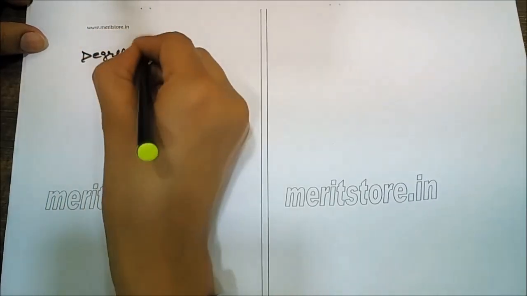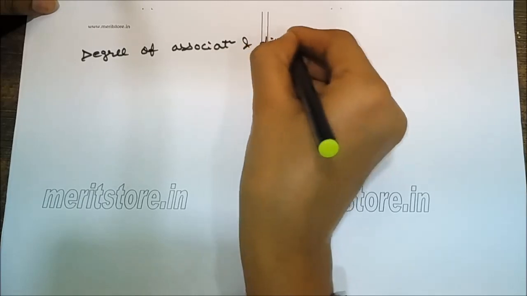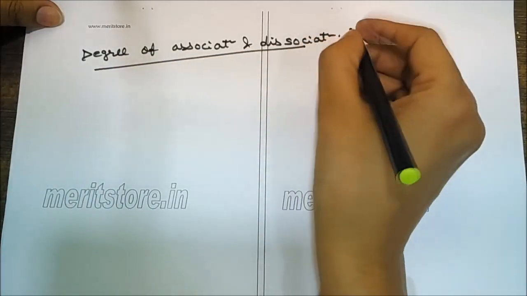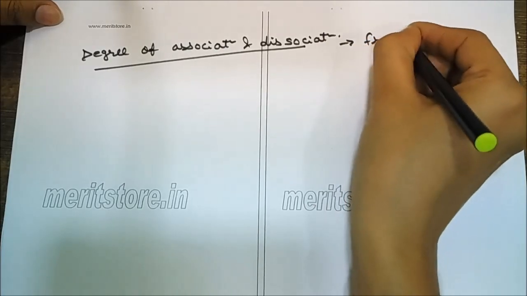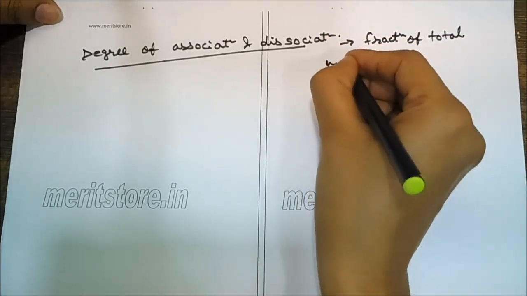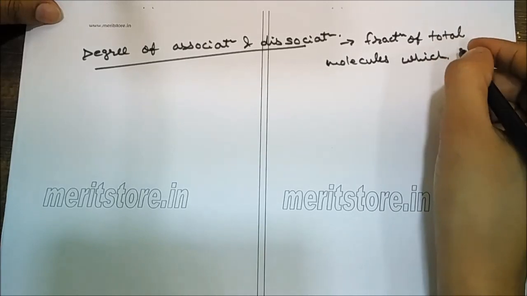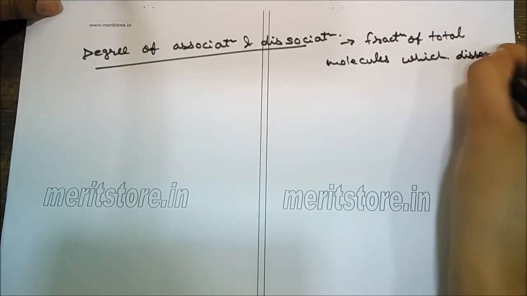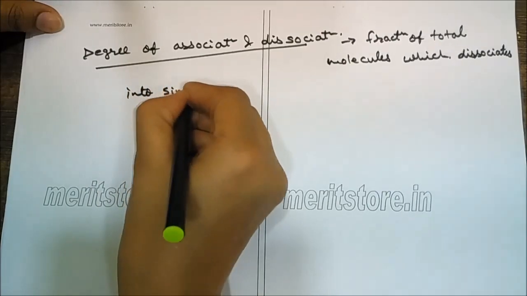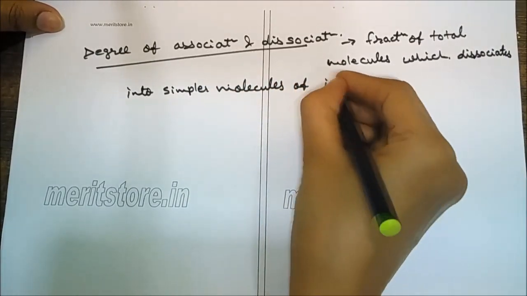Degree of association and dissociation. Degree of dissociation is the fraction of total molecules which dissociates into simpler molecules or ions.